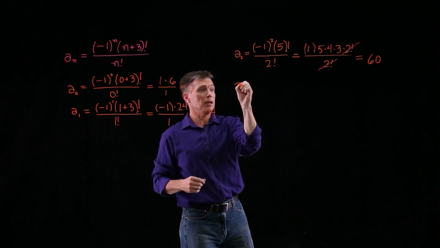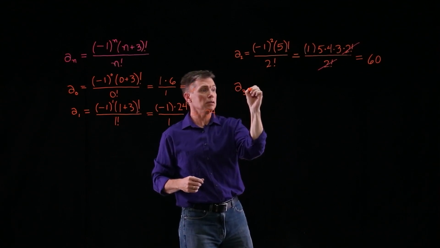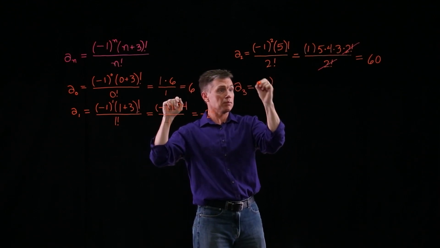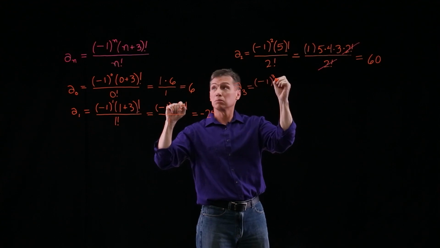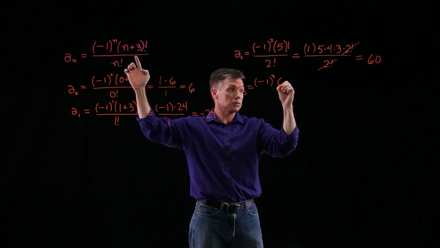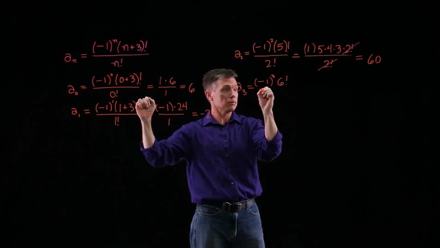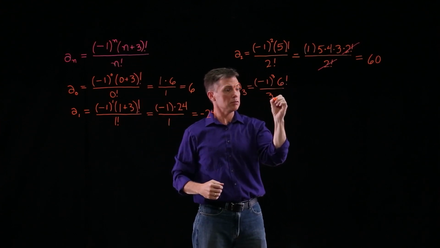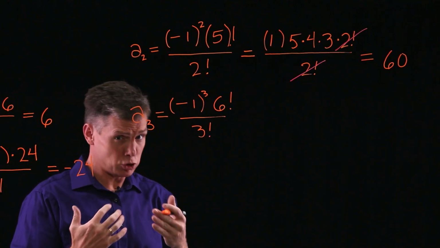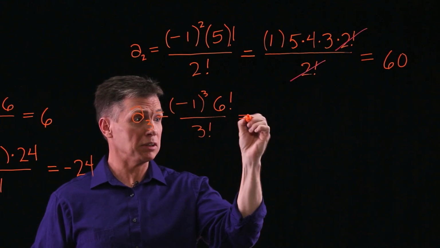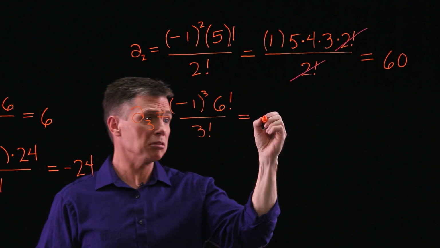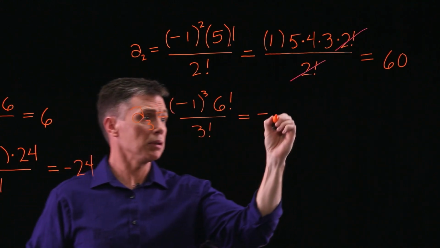Fourth term, a sub 3. Still just following my formula. Minus 1, but my n is 3, so minus 1 to the 3. 3 plus 3 is 6 factorial. Divide by 3 factorial. And I'll do the same kind of simplifying trick, as I'll rewrite that 6 factorial up top. Let's first address the minus 1 will give me a negative, right?